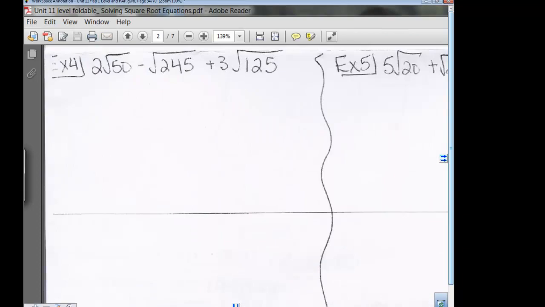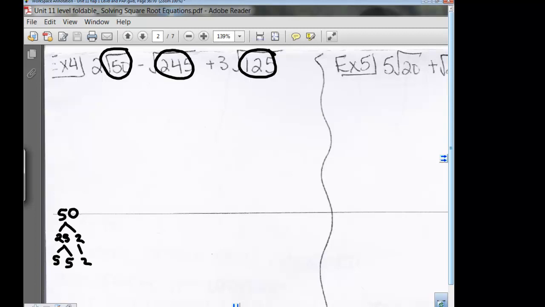Look at example 4. Notice that all three of those need to be simplified before we can combine them together. So 50 breaks down to be 5 times 5 times 2. There are two 5's there, so we can simplify the first radical, square root of 50, to be 5 times the square root of 2.